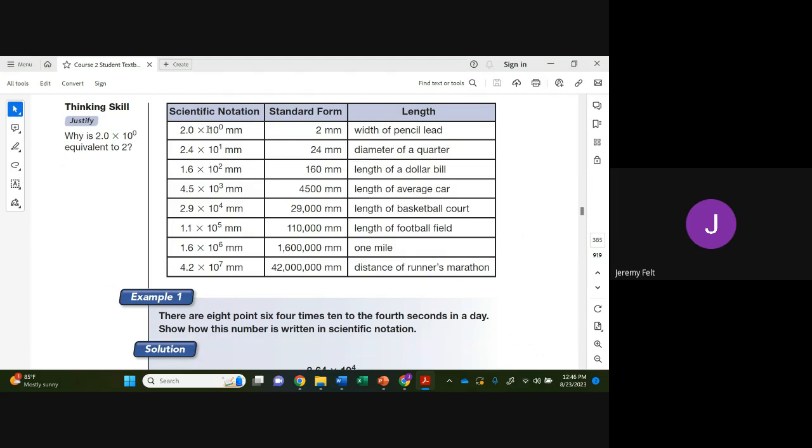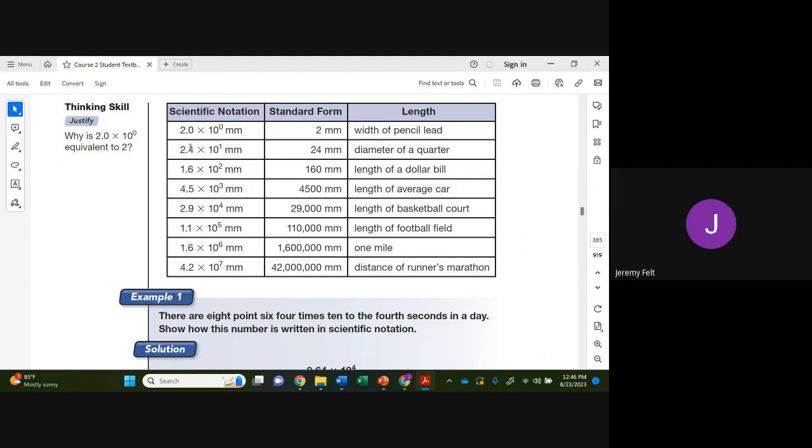It's really beneficial when we get to some larger numbers, but just for practice sake, we can write 2 as 2 times 10 to the power of 0, because if I have 0 for my exponent, that means the decimal place moves 0 times. Any number to the power of 0 is just 1. 2.0 times 1 is 2. So it seems like a lot more work, but any number we can write as a scientific number.